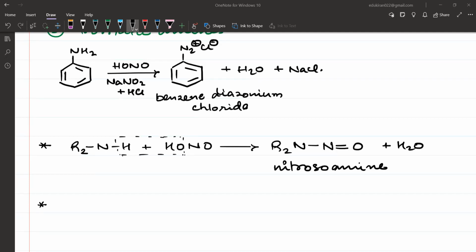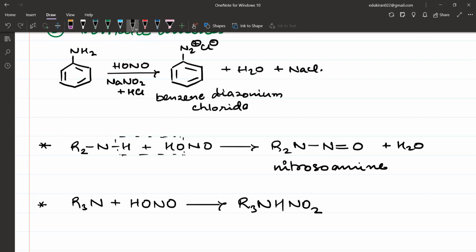Right, for 3-degree amines, you have R3N plus HONO. First of all, it is going to give you a nitrite salt with the formula R3NH, and this is bonded with NO2.